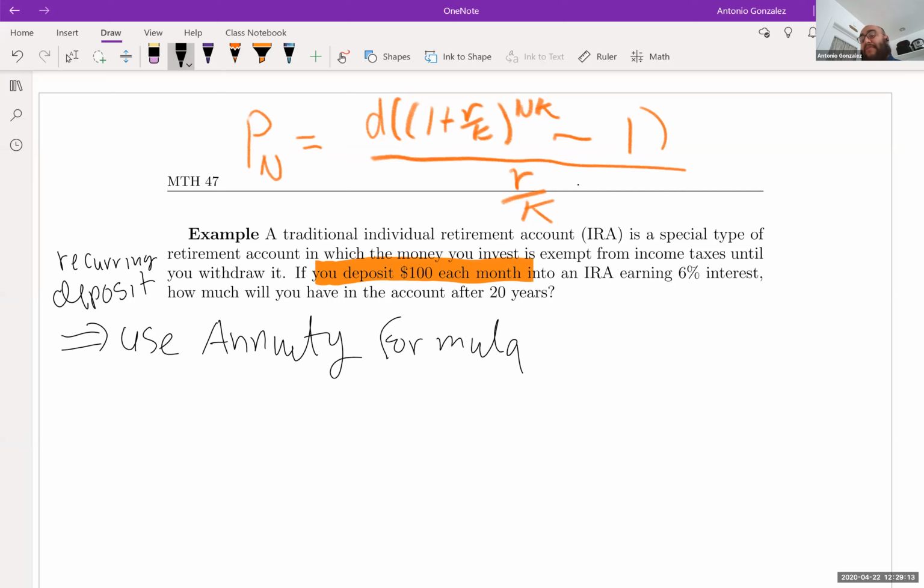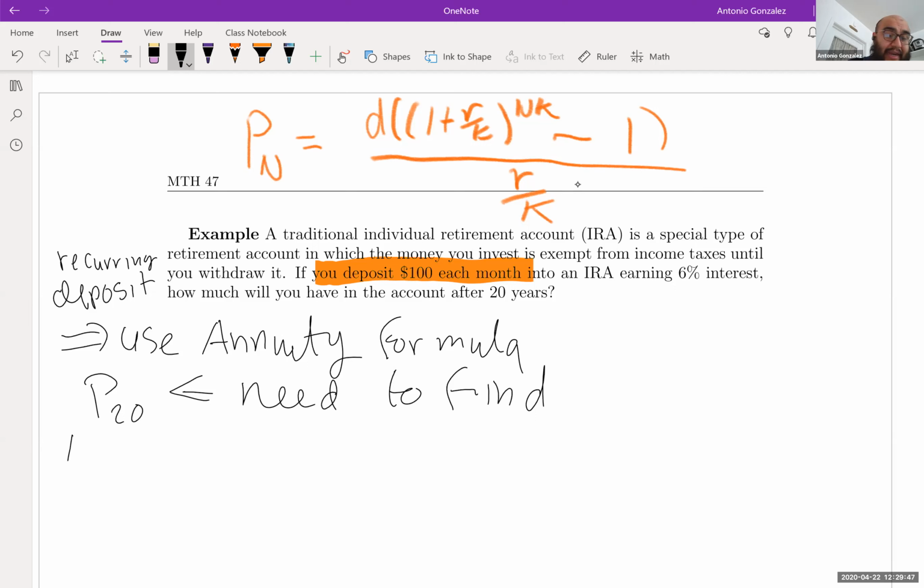Now we have to figure out what I am looking for and what information I know. How much will you have in the account after 20 years? That last sentence is posing the question, so I need to find that quantity, the balance.